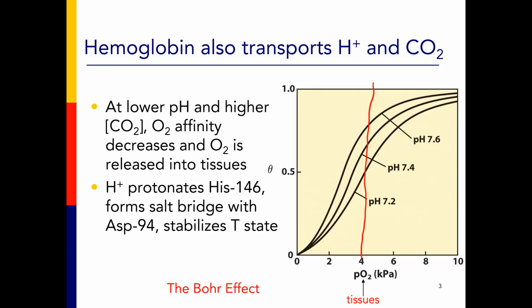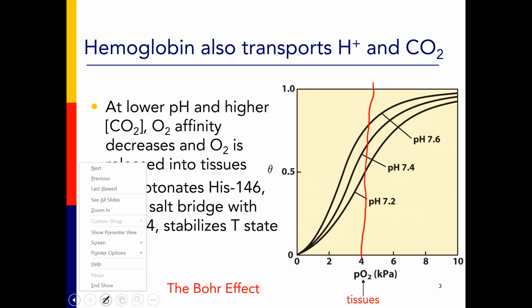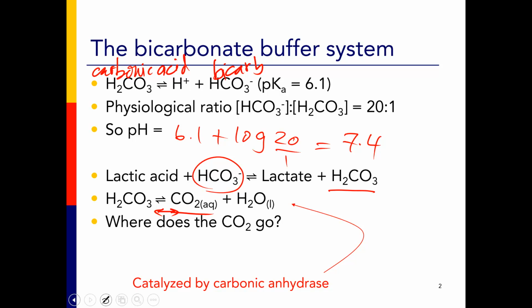So this oxygen binding curve shifts depending on the pH: T state favored, R state favored. At lower pH, which typically goes with higher carbon dioxide concentration, they go hand in hand, because if you're metabolizing fuel in your tissues, you're lowering the pH and producing CO2, right? Because of this.